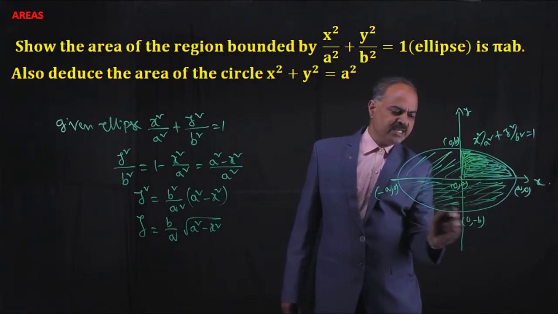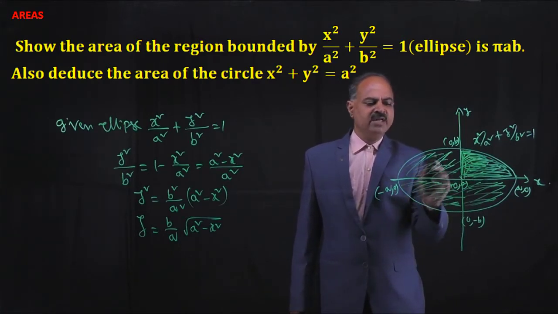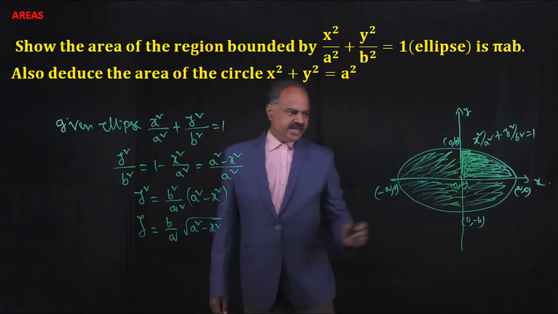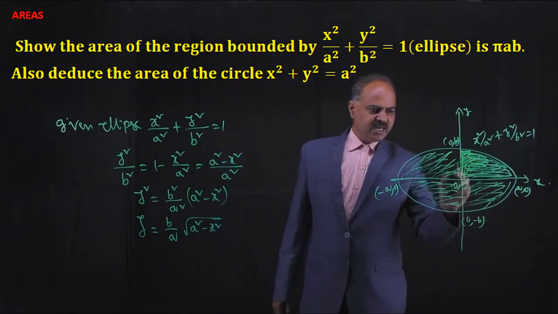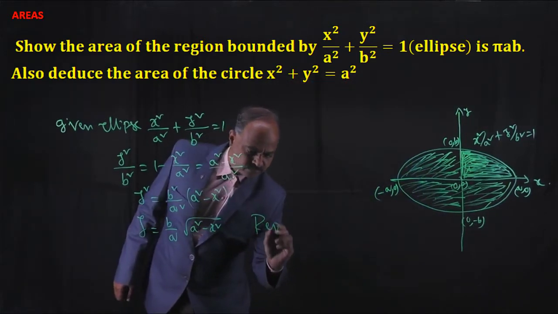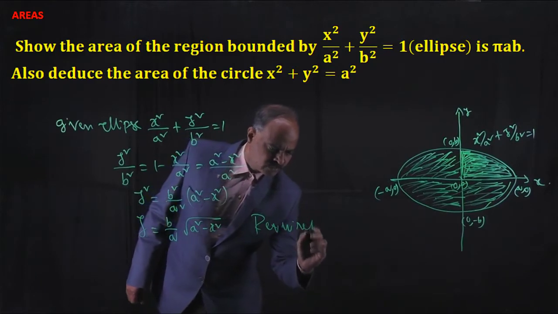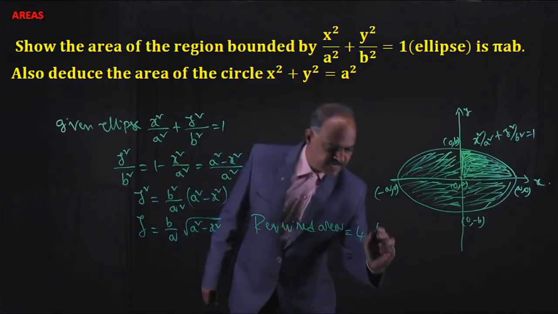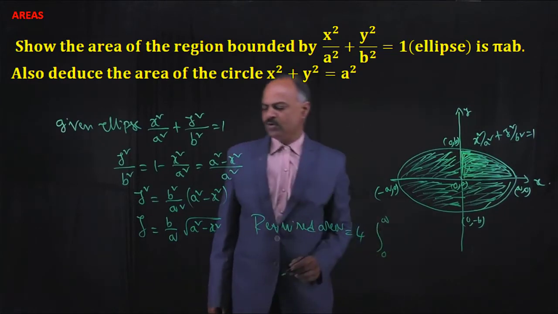x square by a square plus y square by b square is equal to 1. So here the required area is equal to 4 into integral 0 to a y dx.